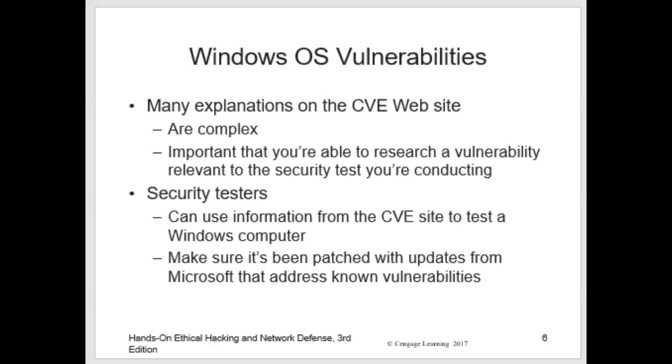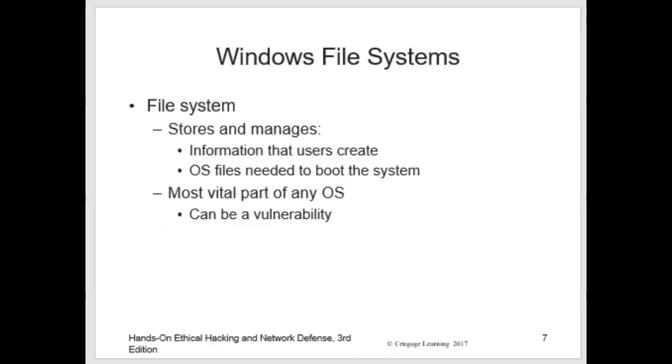Attention to detail is what separates the skillful security tester from the mediocre. So do sweat the small stuff, and research will help you with that. Now, continuing with Windows flaws, there are Windows file systems, right? The purpose of any file system of the OS is to store and manage the information.